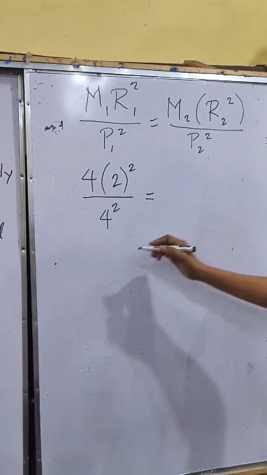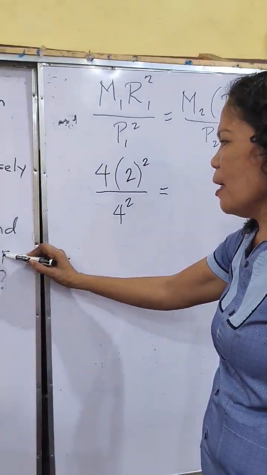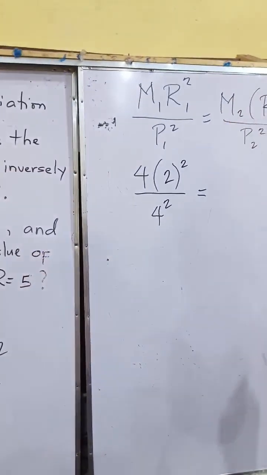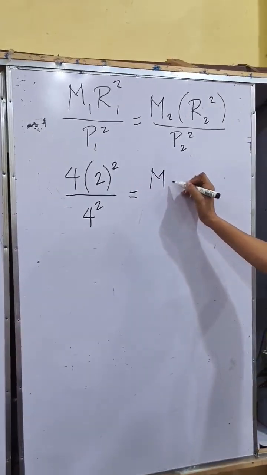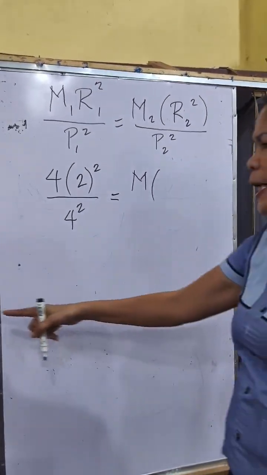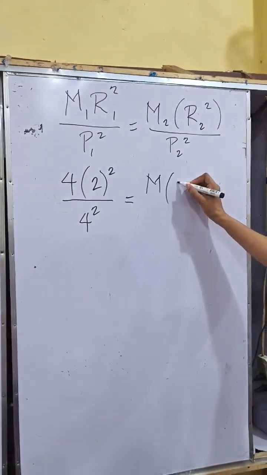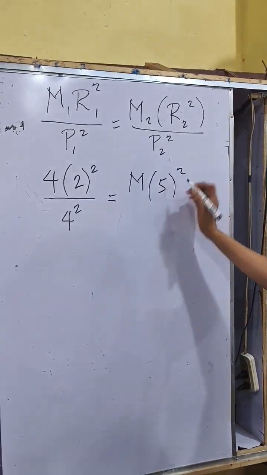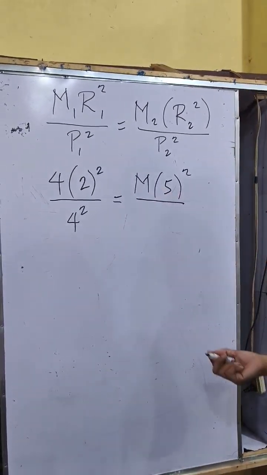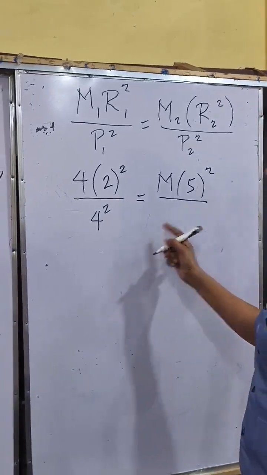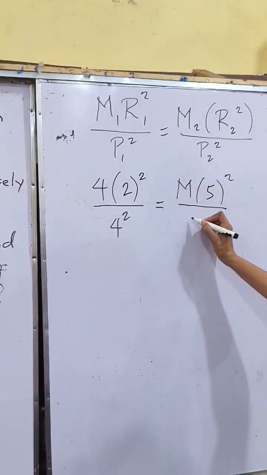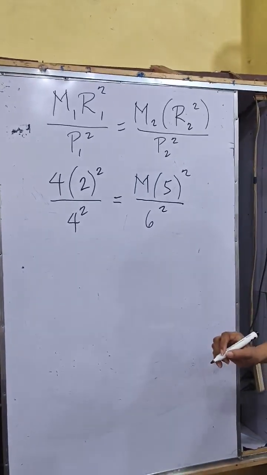And the value of M here, it says find the value of M, so you just copy M. The value of second R is 5, that would be 5 squared, all over the value of P, which is 6 squared.